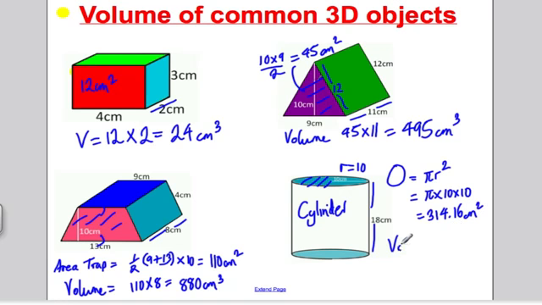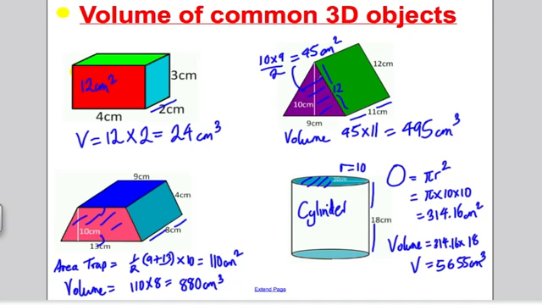To get the volume, you multiply that cross-section area by 18. So you do 314.16 times 18. And you get something like, to the nearest whole number, 5,655 centimeters cubed, which is the volume there.